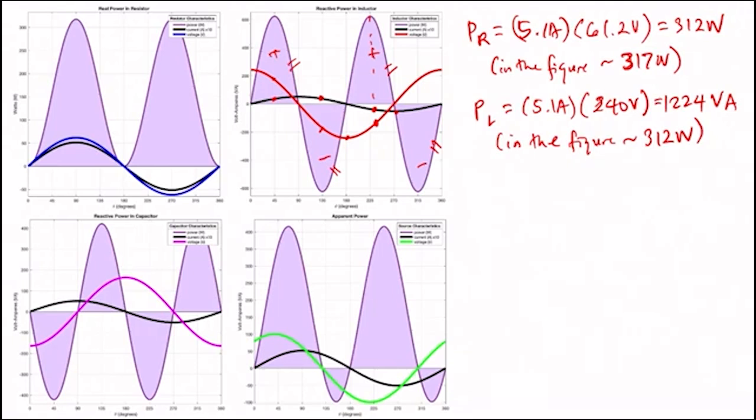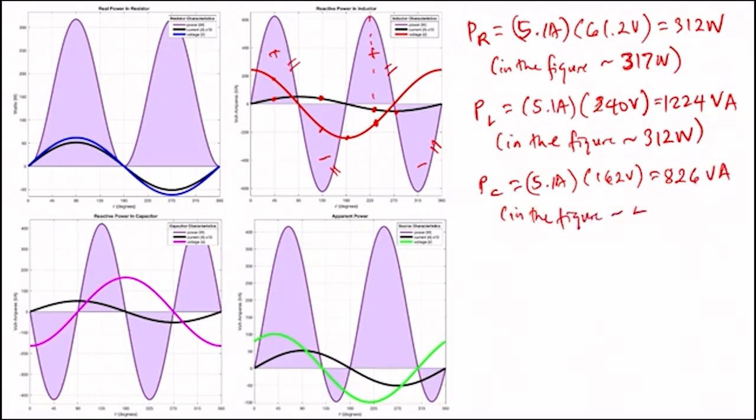What about the lower left figure? The lower left figure shows the capacitor. Again, we can obtain the power in the capacitor based on the values we've computed before. This is equal to 826 volt-amperes. But if you look at the figure, this is about 421 watts.